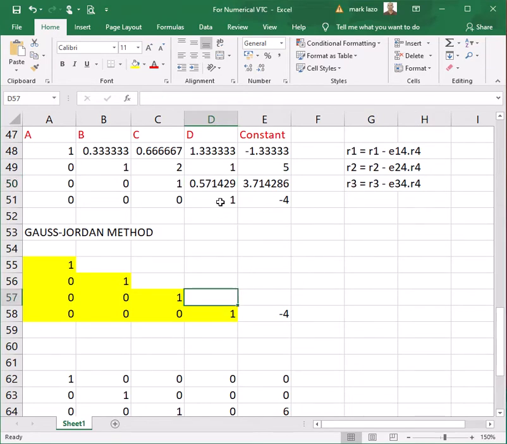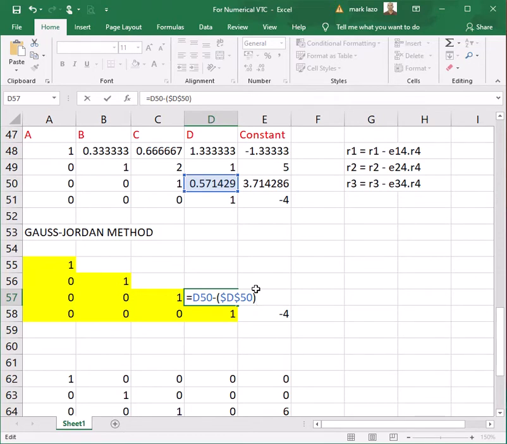For this element, that is equal to the value of R3 minus the value of the element in row 3, column 4, so that is still this one. And since this is a constant value that shall be applied in the formula, I will put a $ sign.